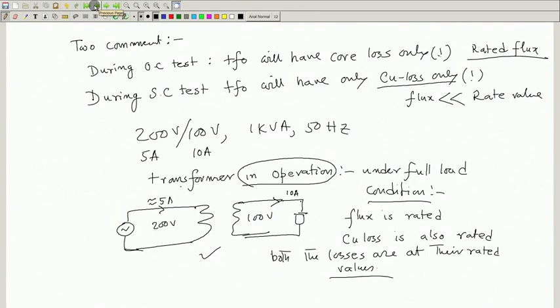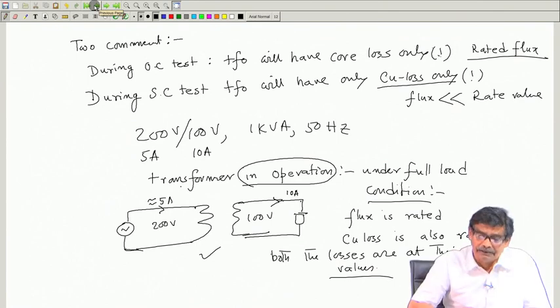You cannot neglect one loss with respect to another during operation, because rated flux is there, and hopefully you are efficiently using the transformer so that rated currents are carried by the coils. Our target will be to see such a condition prevail, then only the transformer is in full operation. Rated currents it is carrying, rated flux it has produced, this is the way.